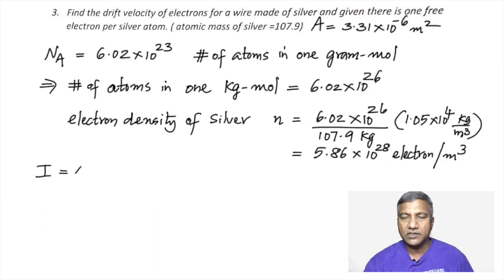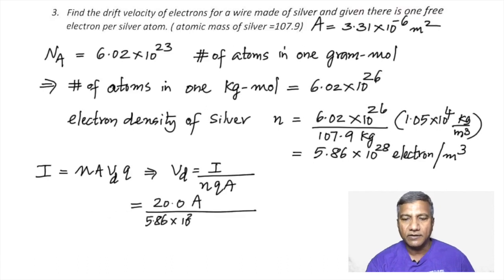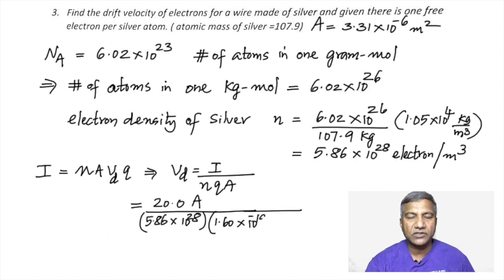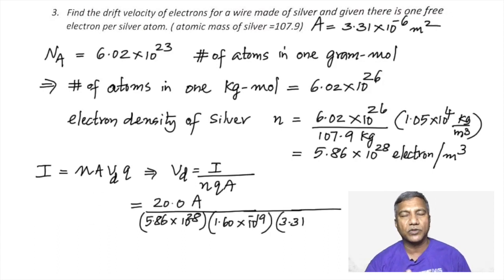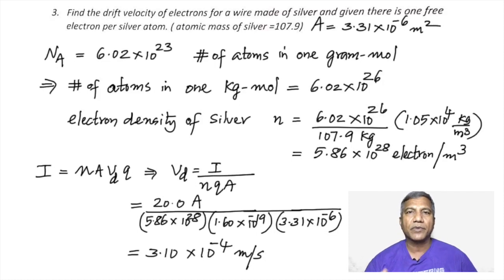Once you get the electron density, we directly plug it into the formula I is equal to N A vd q, where N there is the number of electrons in 1 meter cube. So that's the electron density. That's why we found it out. And since we know all the terms now, we can rearrange to find the drift velocity.